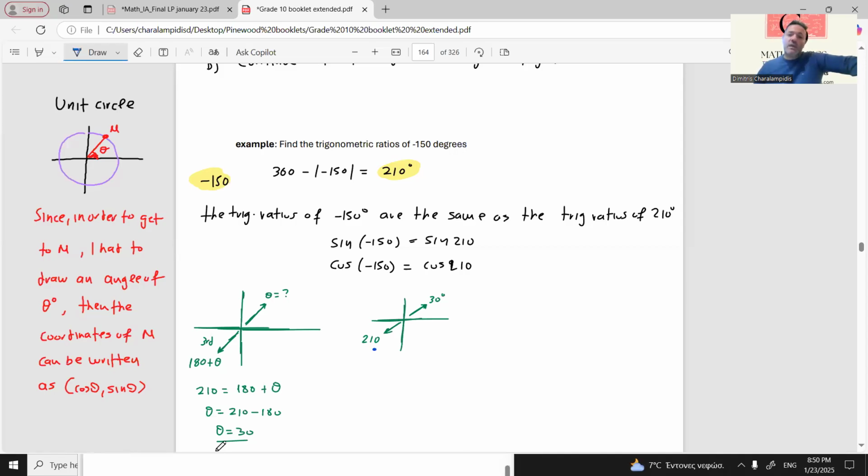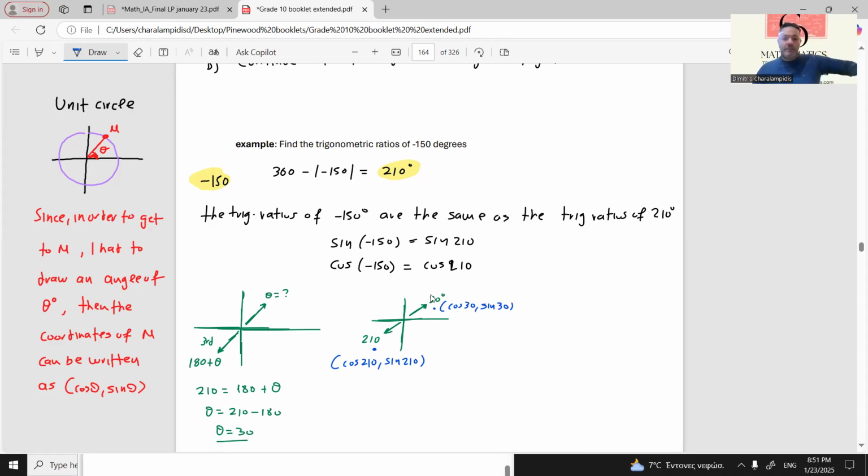Since in order to get here, I had to draw an angle of 210 degrees, then the coordinates of that point can be expressed as cosine 210 and sine of 210. Since in order to get here, I had to draw an angle of 30 degrees, then the trigonometric ratios of that can be written as cosine 30, sine 30.